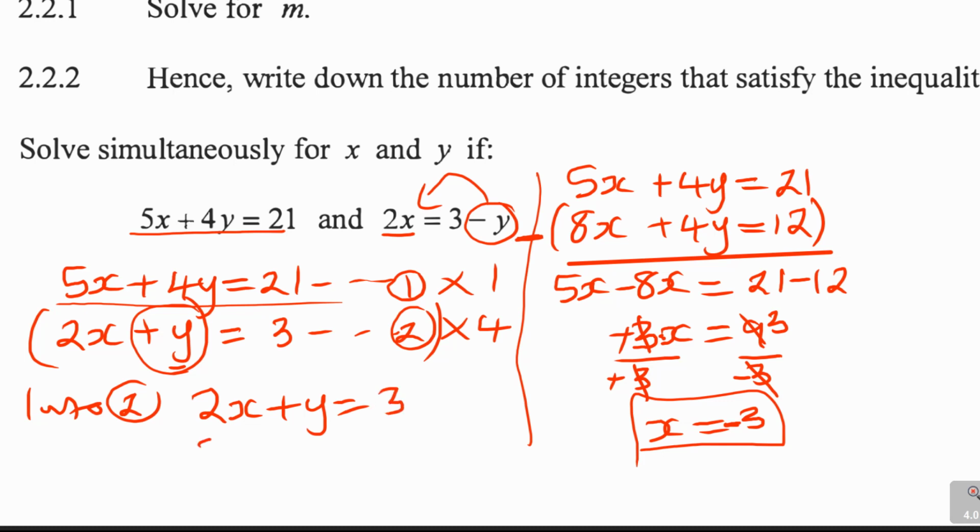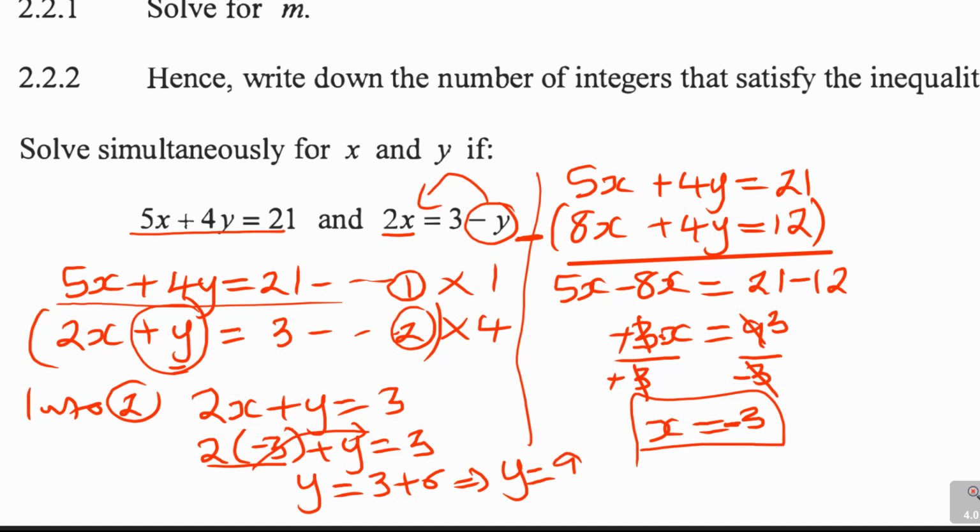But we know what is x, so it's 2 times x is negative 3 plus y equal to 3. So what is y? y is equal to 3. Now 2 times negative 3 here is negative 6. When it goes to the other side, it will become positive 6. So what is y? Therefore, y equal to 9. They are the two values: x is minus 3, y is 9.